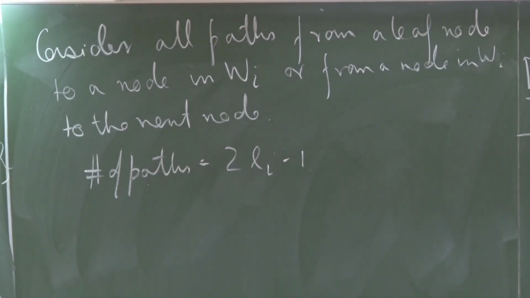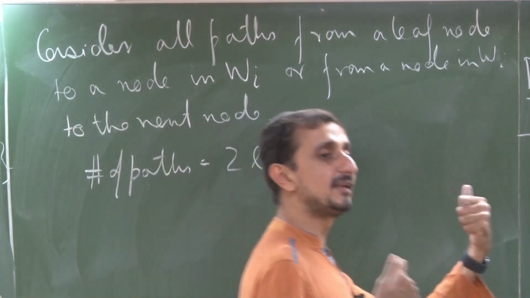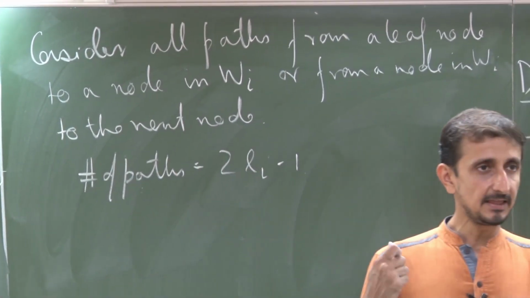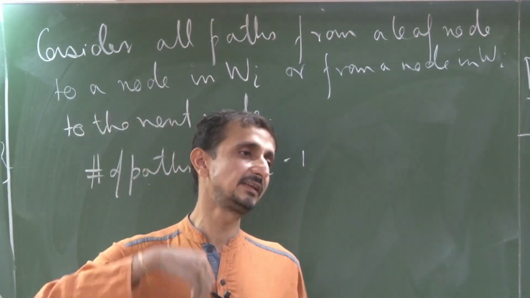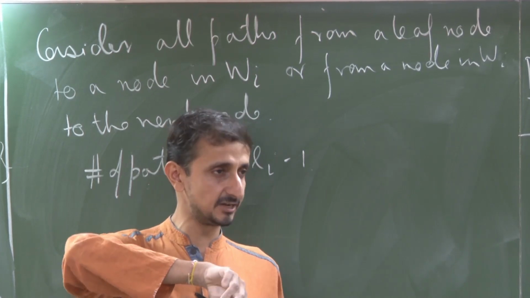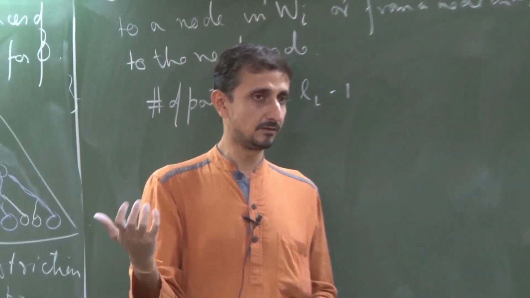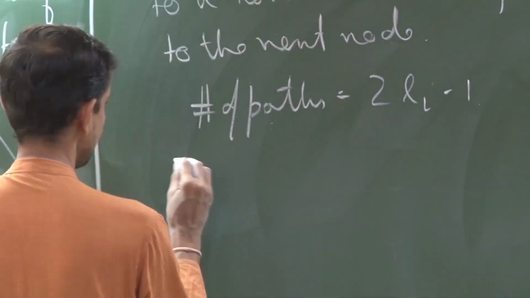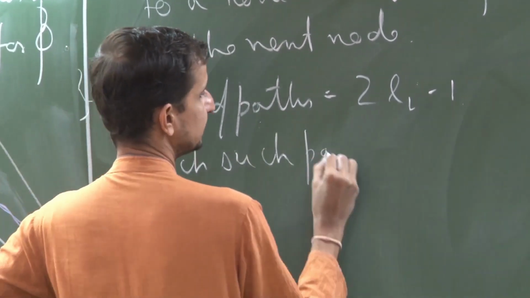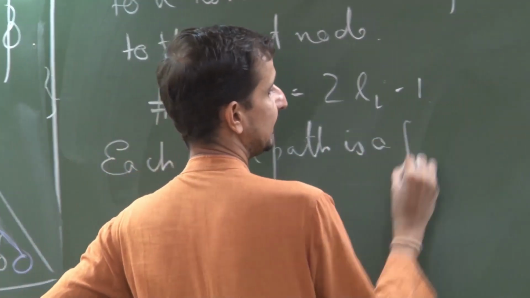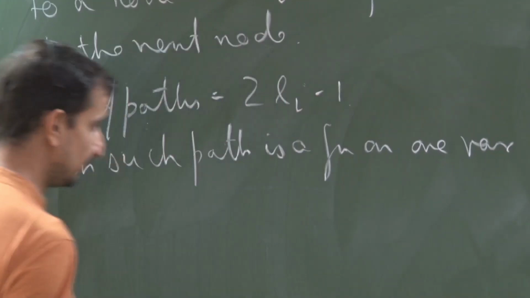And what is each path? Each path is basically a function on one variable, in the sense that each path takes a value and it is either outputting that same value, or outputting the negation of that value, or outputting 1, or outputting 0. Each such path is a function on one variable.